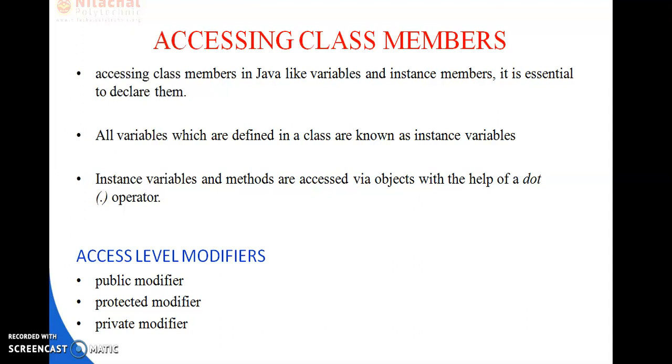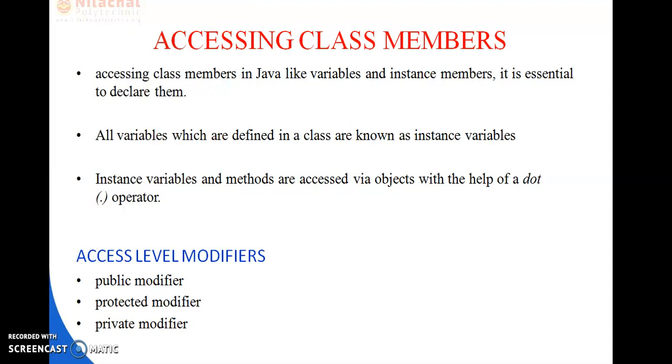First of all, we write the class members or data members, then we can access them within our class and our methods. All variables defined in a class are known as instance variables. As you know, there are three types of variables in our class: local variable, instance variable, and class variable. First is the local variable.